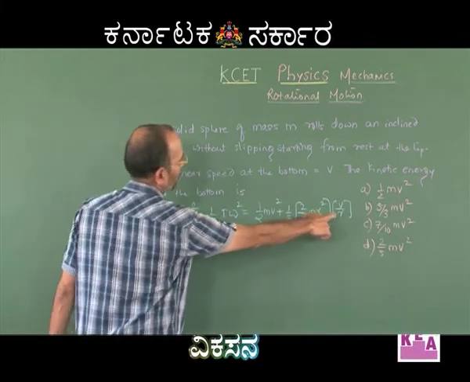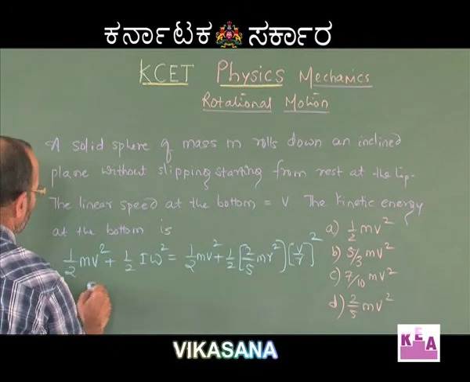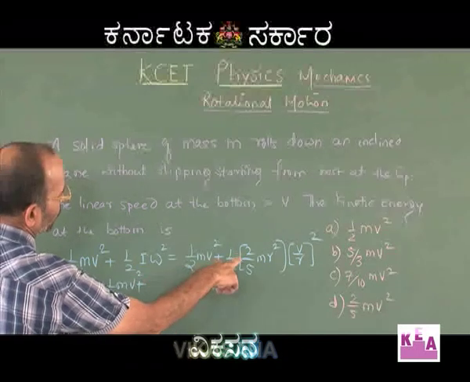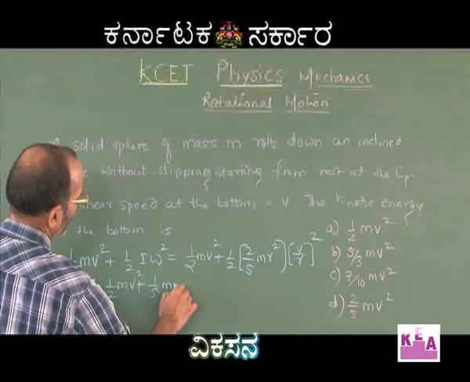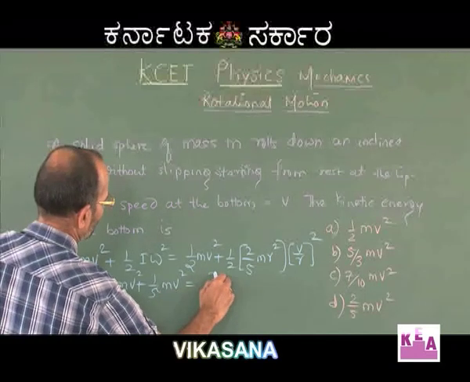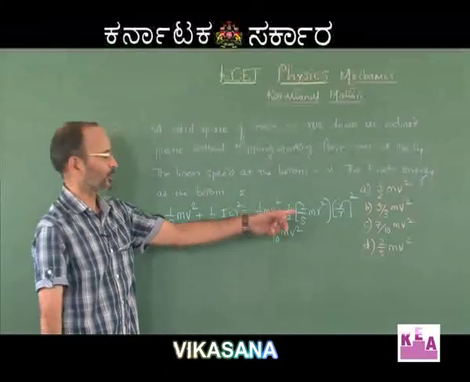Therefore, I have written v by r as omega, so v by r whole square. So, that makes it half mv square plus 1 by 5 mv square, which is equal to 7 by 10 mv square, and that is C option.